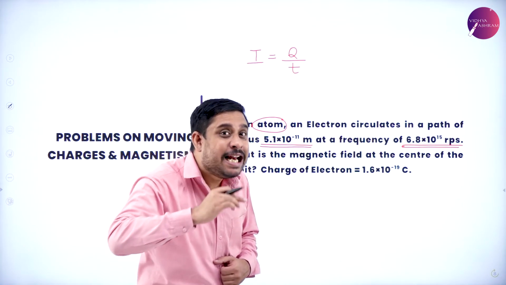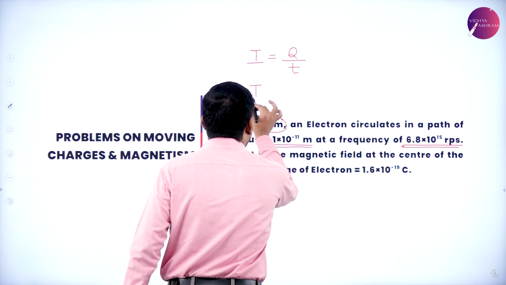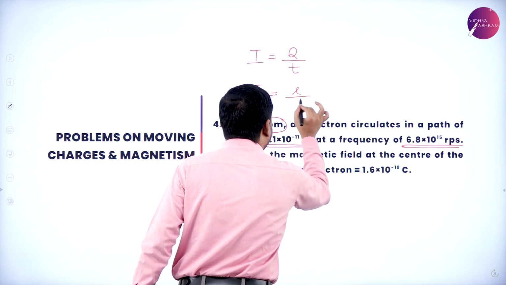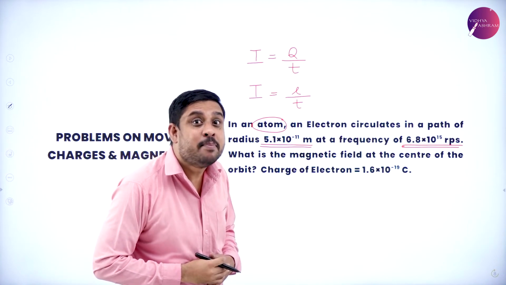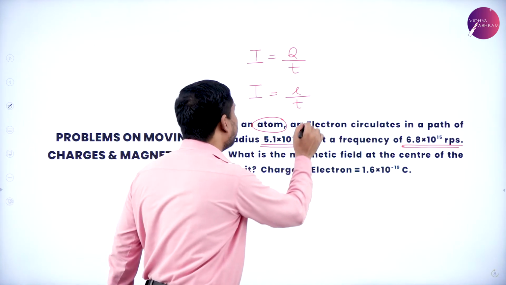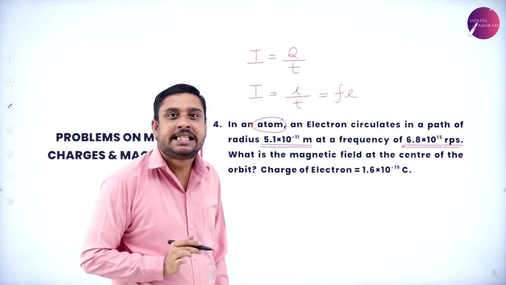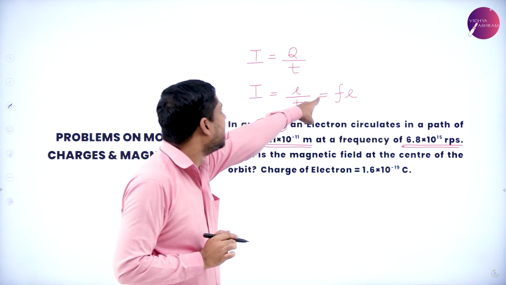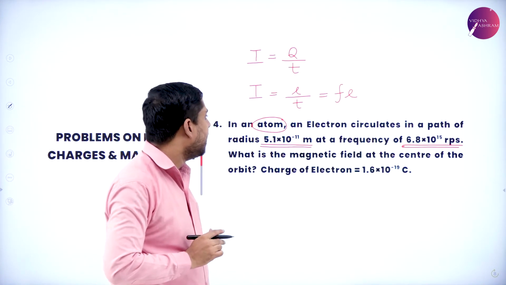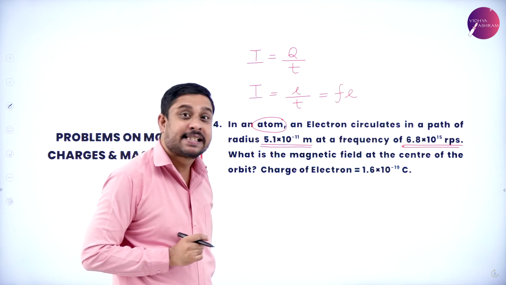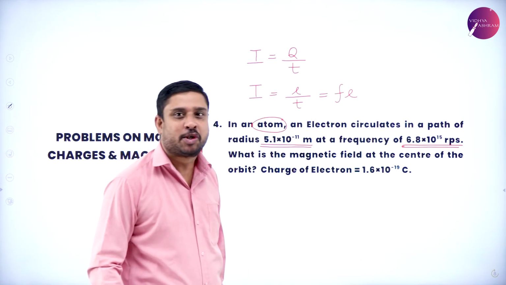Since this is an electron revolving in an atom, I equals E divided by T. But what is 1 by time? Very good. Frequency. So F into E. I just wanted to introduce this frequency term here. I have to calculate the magnetic field at the center of the orbit under the notion that current is F into E.